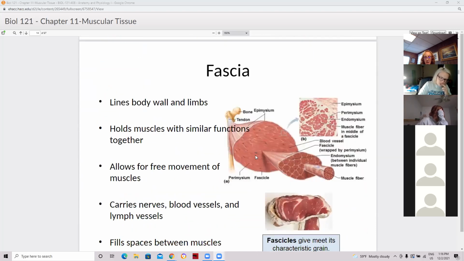This fascia lines the body wall and limbs. It holds muscles with similar functions together and allows muscles to slide freely past one another.